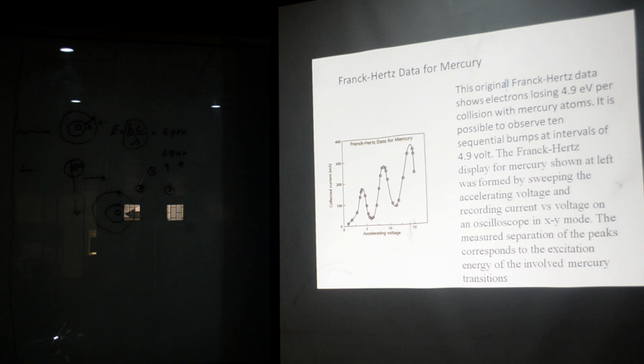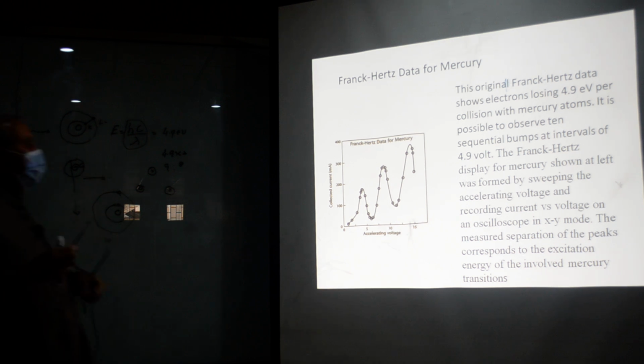Franck-Hertz data for mercury: this original Franck-Hertz data shows electrons losing 4.9 electron volt per collision with mercury atoms. It is possible to observe 10 sequential bumps at intervals of 4.9 volts.